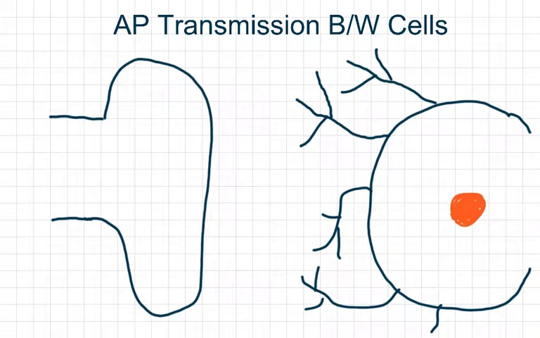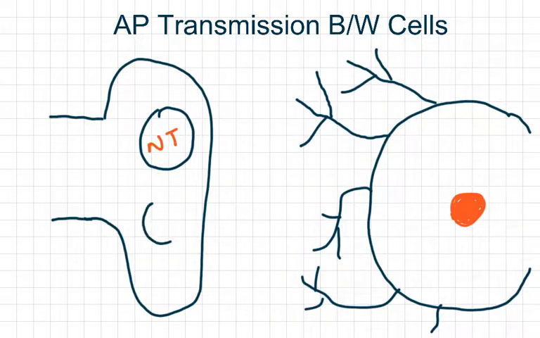And the way the signal is transduced is through what we call neurotransmitters. These neurotransmitters are found in vesicles in the synapse itself. And so I'm going to draw all these here. And vesicles are just little storage sacs that are found in cells that hold certain biochemicals. In this case, we're going to be holding different neurotransmitters.